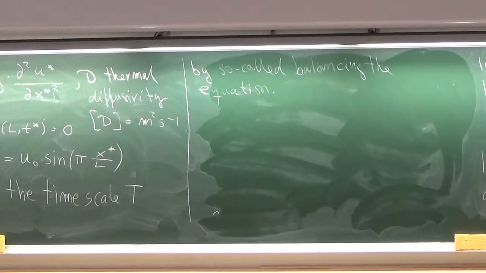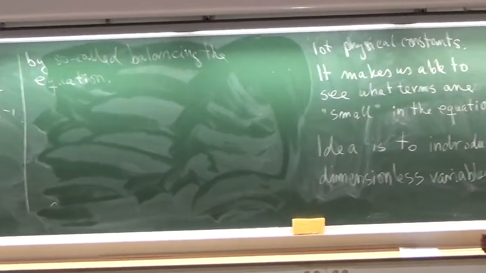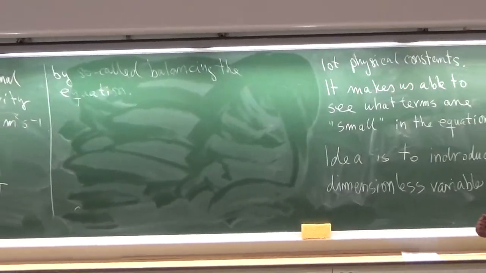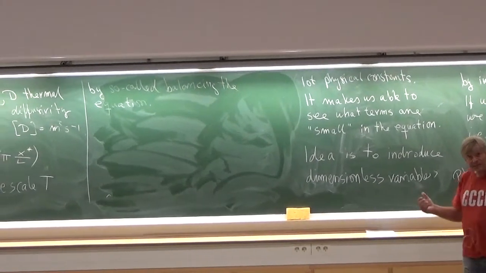Because there is no obvious time scale here, is there? Not at least immediately. The time scale would be something like, if I heat one side of it, how long does it take for this heat to travel to the other side of the stick, for instance?